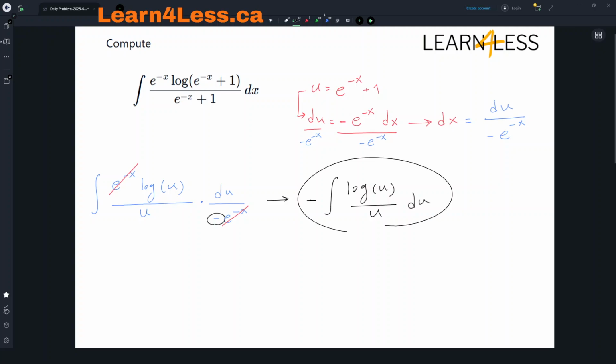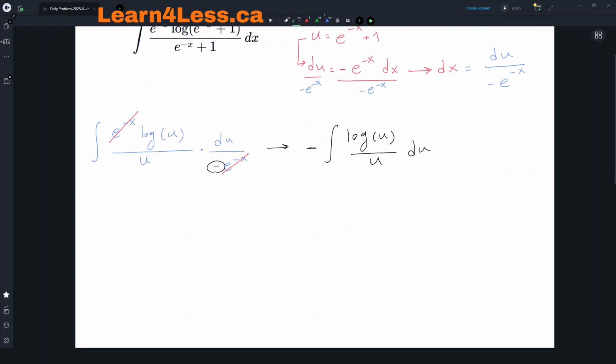It's definitely better looking than this one, but still we need to think about how to solve this integral. What we see is log of u over u, or I can just write it as log of u times 1 over u. And we should know that 1 over u is the derivative of log of u.